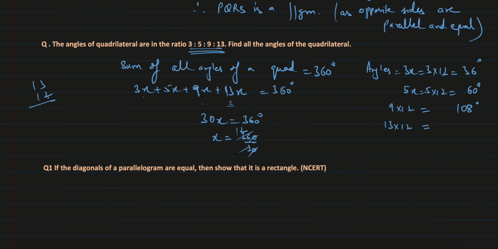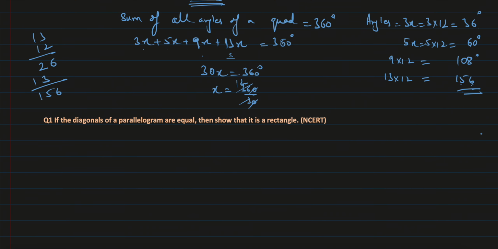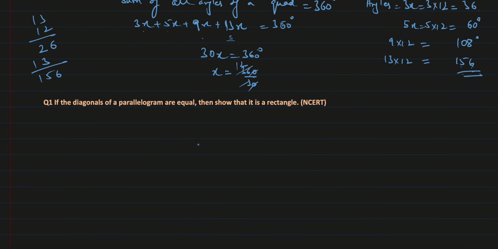We can do it here. 3 twos are 6, then you have 3 and 1, so 156. Students, you can check by adding them all; it is coming to 360. So you have the angles over here. Fine. Now let's move to the next question, which is from the NCERT book only.